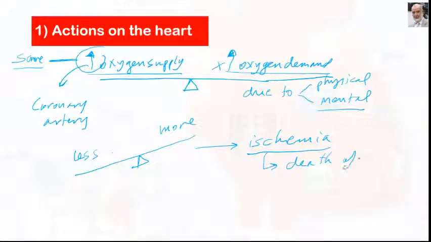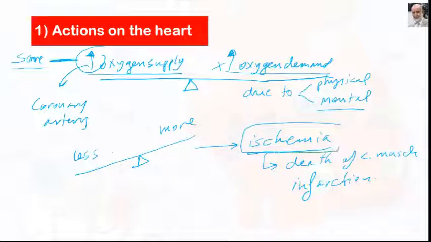Death of cardiac muscle. This is known as infarction. Okay? So, less oxygen supply will lead to ischemia, and this ischemia can lead to death of the cardiac muscle, which is known as infarction.